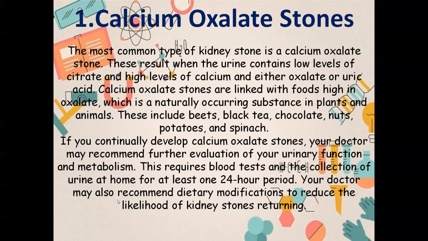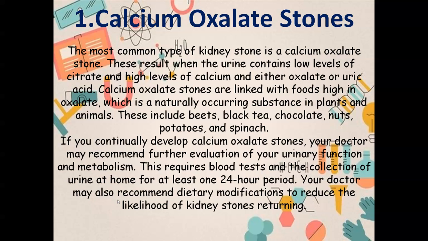So when the levels of citrate are low and the levels of calcium, uric acid, or oxalate are high, these stones are formed.